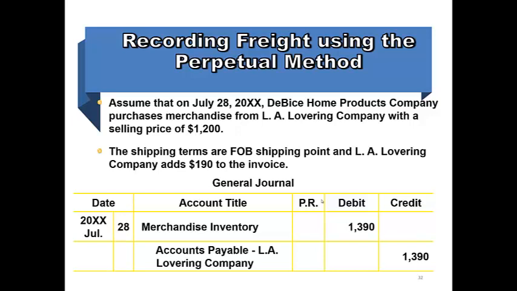But with the perpetual method, it just becomes a part of the inventory. So we're going to add the $1,200 cost of the merchandise plus the $190 shipping, and debit merchandise inventory for the entire amount, and then credit accounts payable for $1,390.